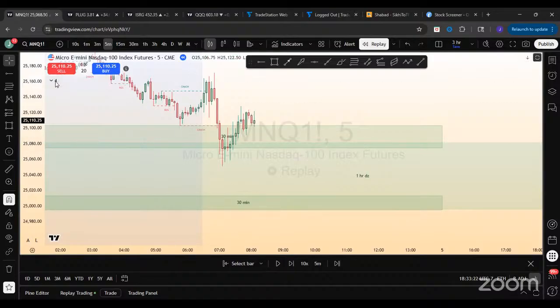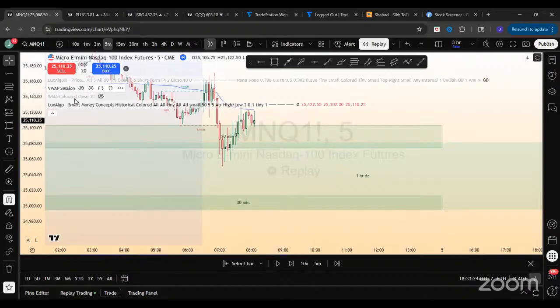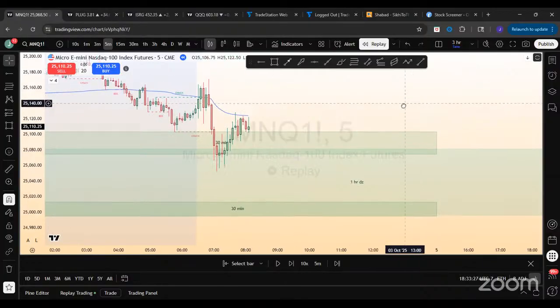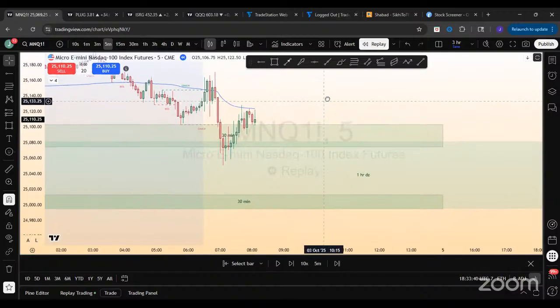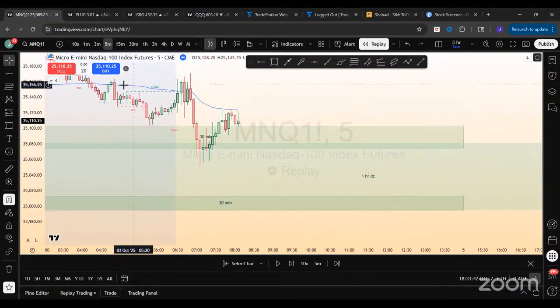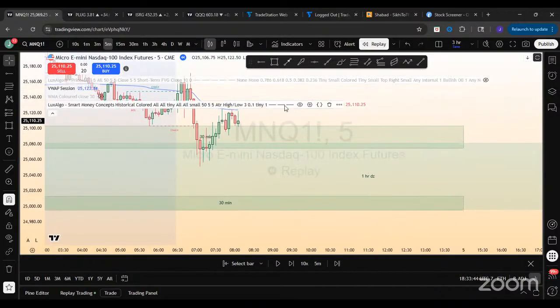Okay, I also use VWAP here. So VWAP, like what I had said, I use VWAP for my intraday trading. I also said if the price is below VWAP, most likely it will remain below VWAP. Let me also turn on the fair value gaps here.